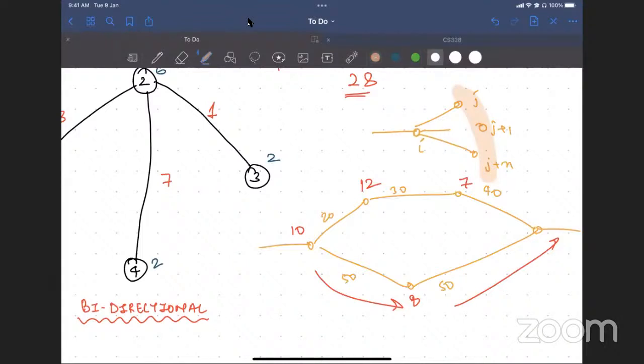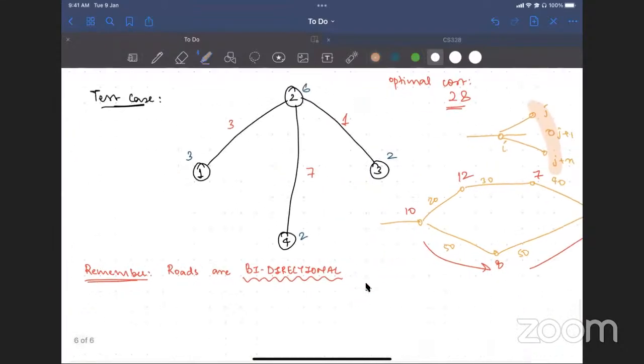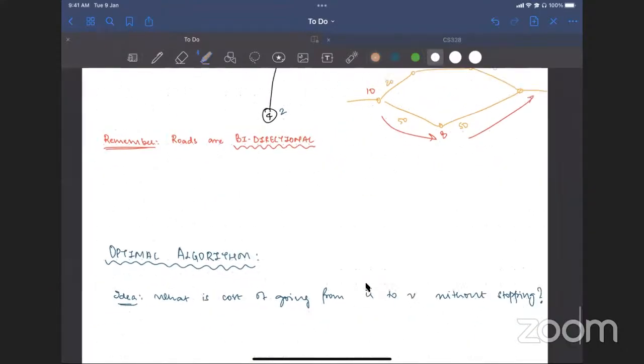That's the intuition. But the problem is you're not accounting for the edge lengths, or how much you need to pay.